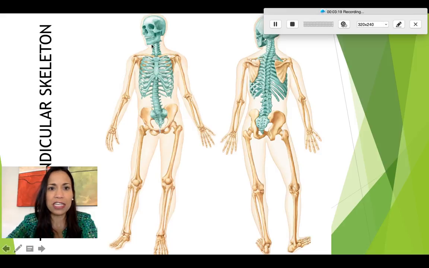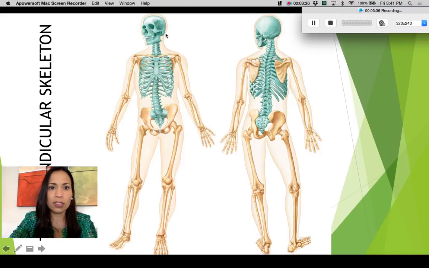So in the appendicular skeleton, do you remember this guy? Do you? In the last class, we said that this green area was the axial skeleton, right? That consisted of the skull, the vertebral column, and the thoracic region.